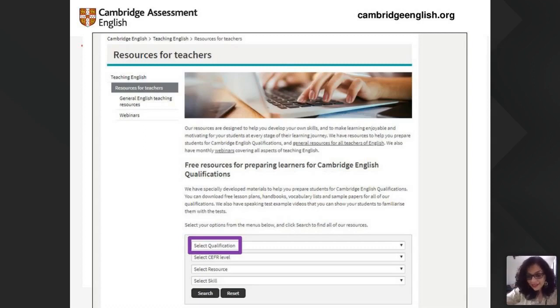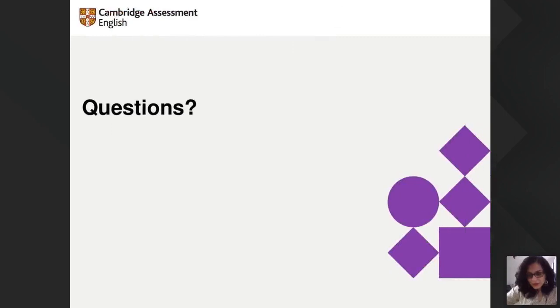Then you select the CEFR level, you select the particular resource that you're looking for, whether it's a handbook or an audio input or a speaking video, and then you select the skill and you search, or you just say all for skills and all resources and you search, and you get the whole list of resources which is downloadable, right? So that was curriculum mapping for you.